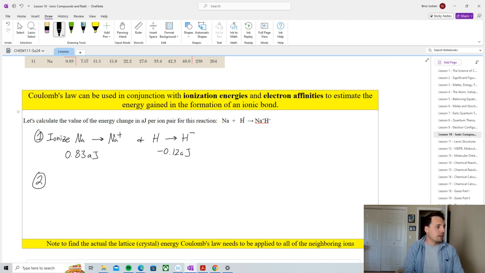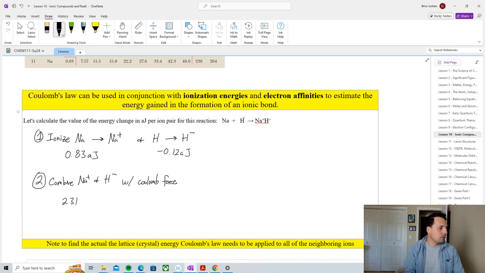Now we can combine those charges together. And we can figure out the energy of attraction through the Coulomb energy, which I'll call a force. It's a Coulombic force that pulls them together.